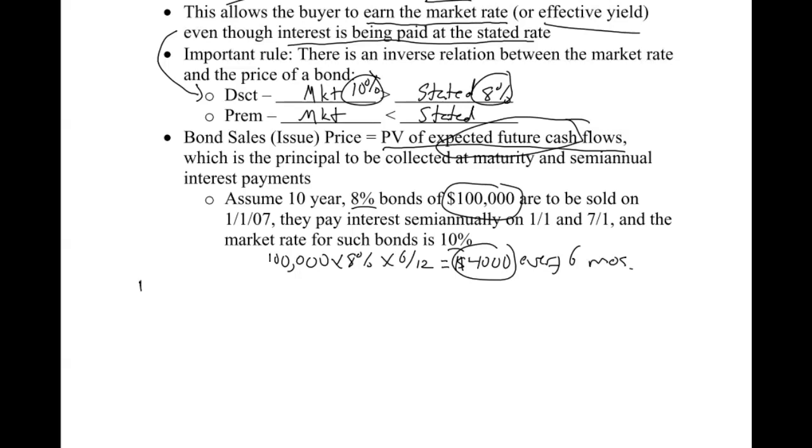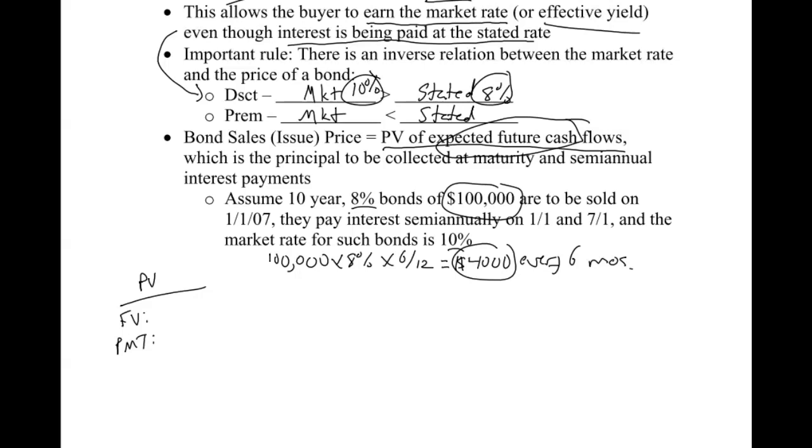If I'm going to calculate the present value of my future cash flows, on your calculator you're going to have your present value keys. You're going to have an FV for future value. That's not face value, of course, but it means the same as face value. You're going to have a key for payment, which represents the annuity, or in this case, the interest payment.